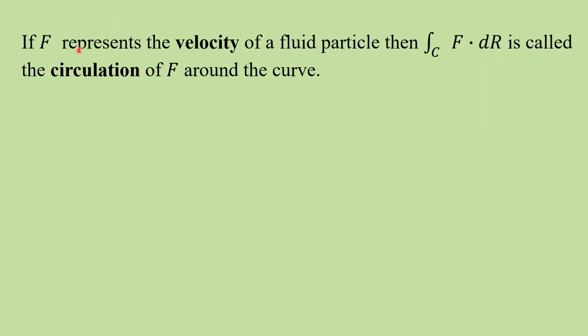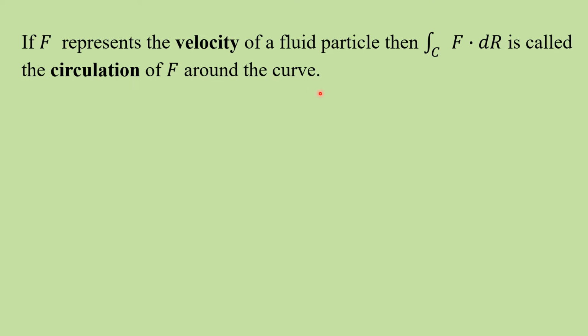So here we take the physical interpretation of line integral of f along C. Suppose that vector field f represents the velocity of a fluid particle, then your line integral of f along C is nothing but the circulation of f around the curve.